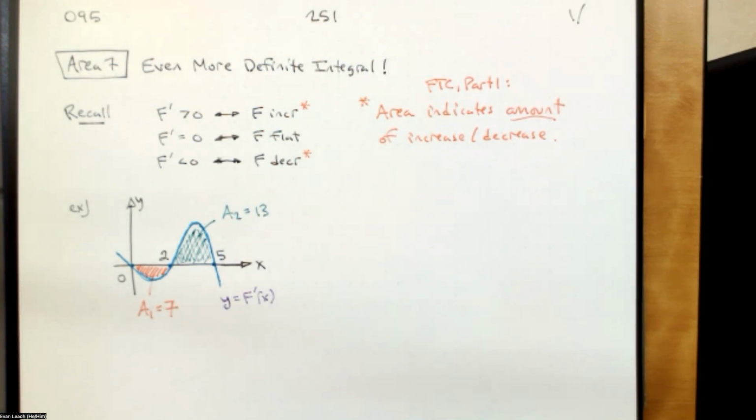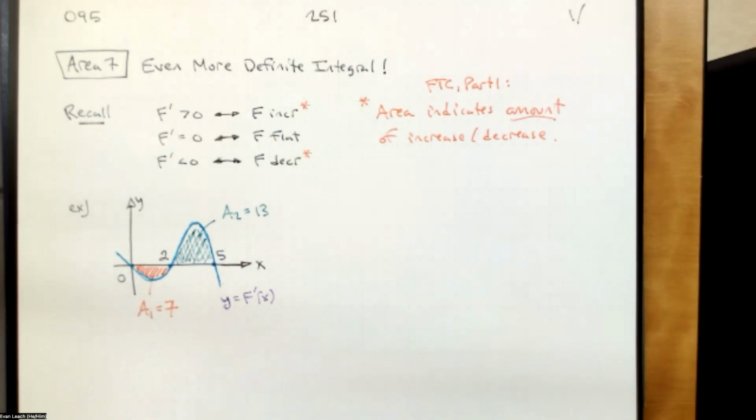So the function is decreasing. What we now know with the fundamental theorem of calculus is that the definite integral, the area, tells us how much of a decrease. So from 0 to 2, capital F decreased by 7.